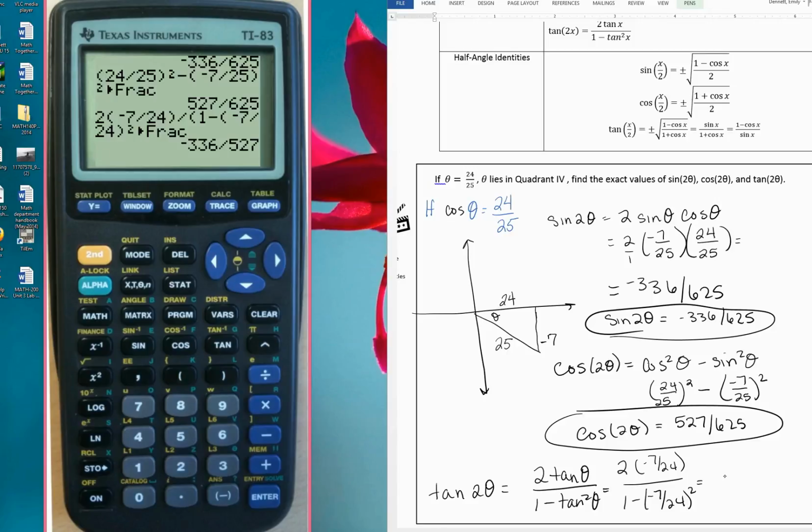And so tangent of 2 theta is equal to negative 336 over 527.